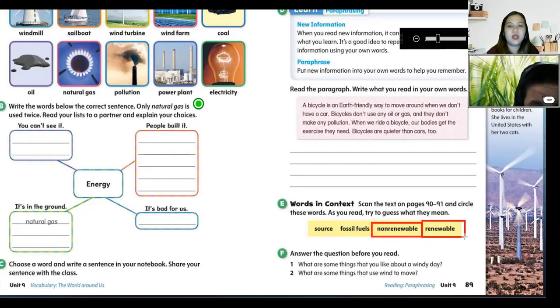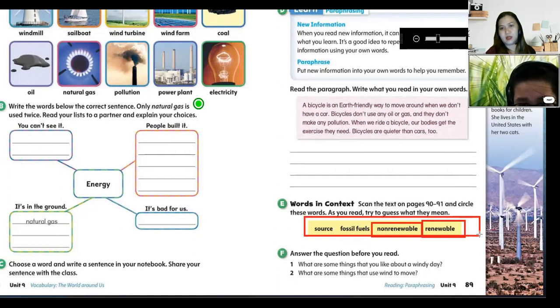And when we say renewable, renewable is good for the environment. Thank you so much for that. Anyway, we will learn all of these words in the text that we're going to read later.